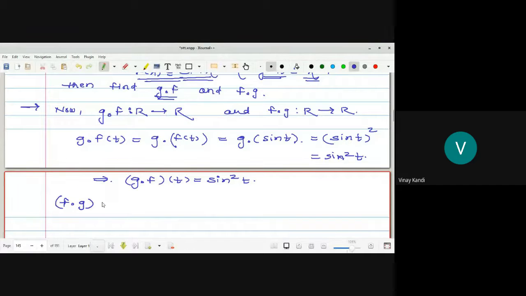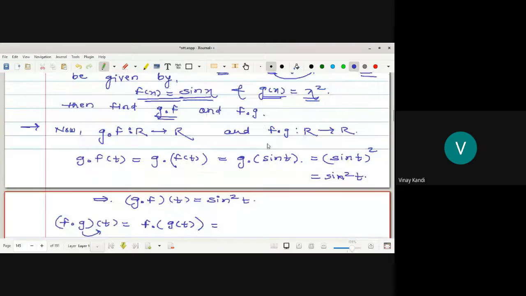Now we have to find f composition g of T. First apply g on T. So this is f of g of T. What is g of T? g of x is x squared, so g of T is T squared. Instead of x, put T here.